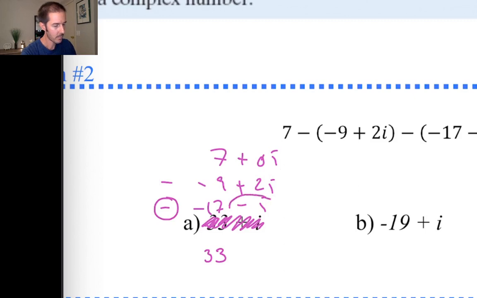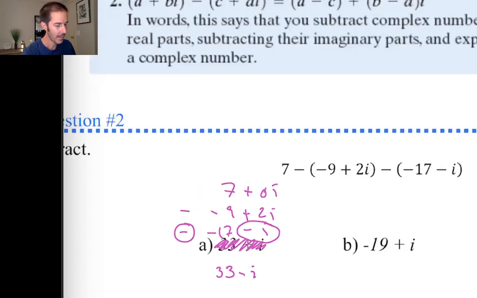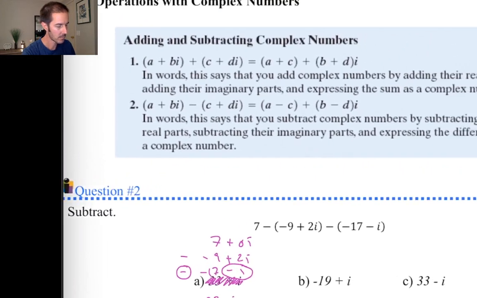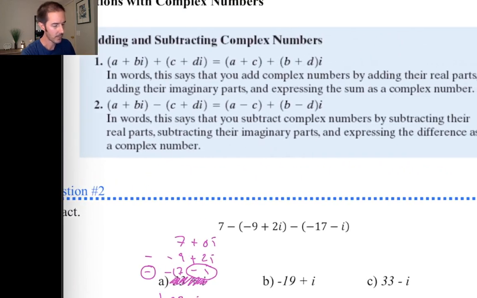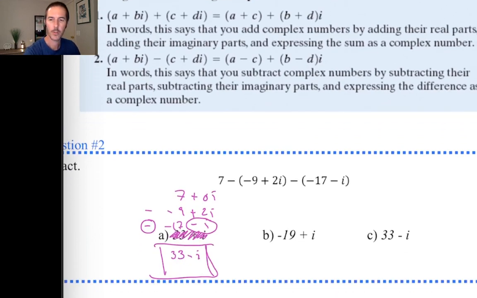Minus -i, that's like plus i. So now we've got -2i plus i makes -1i. A was not the right answer. C, however, is the right answer: 33 minus i. So that's one way to solve this problem.